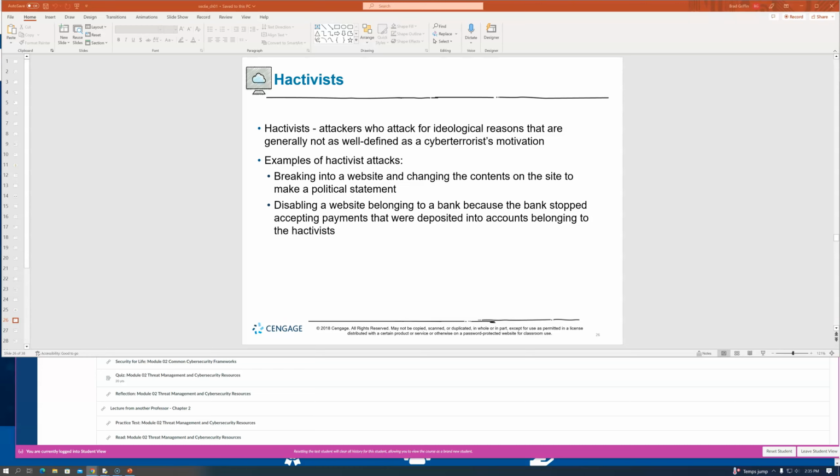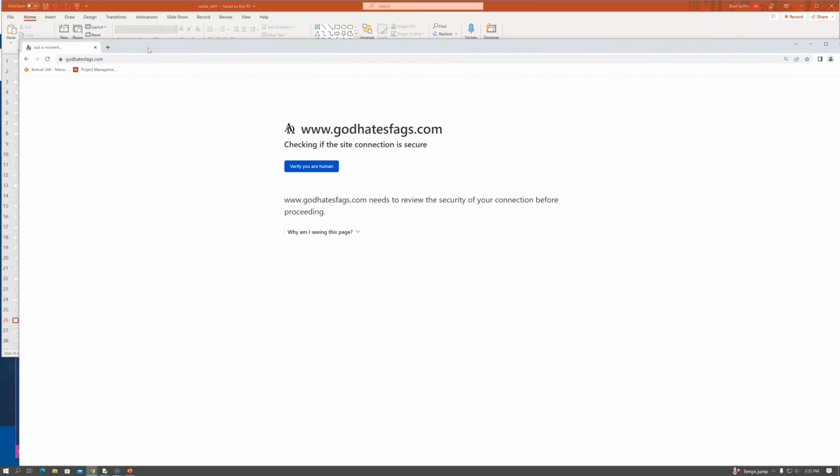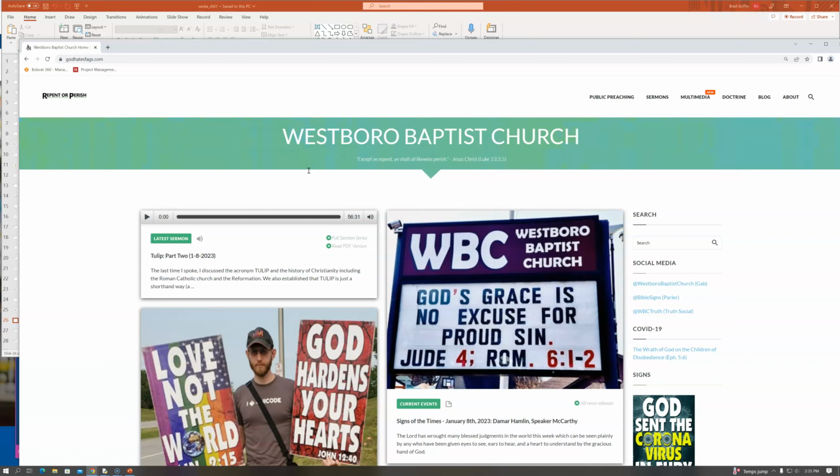So here's their website. Nice, huh? That's the church I want to belong to. But notice they're worried about security getting in there.